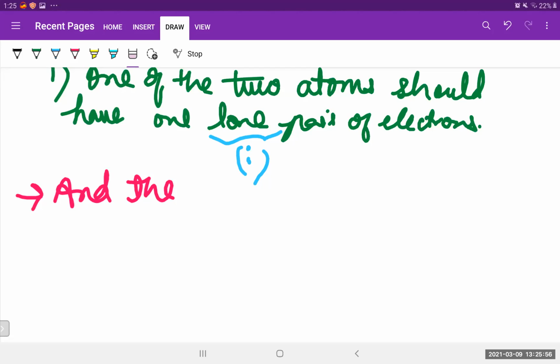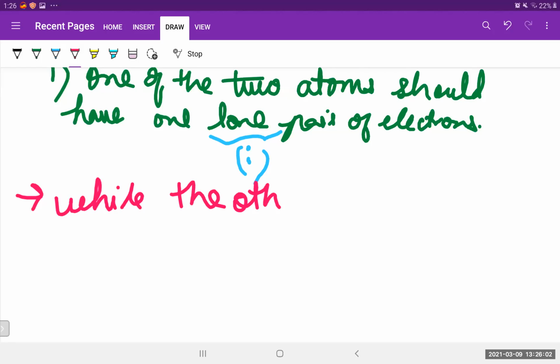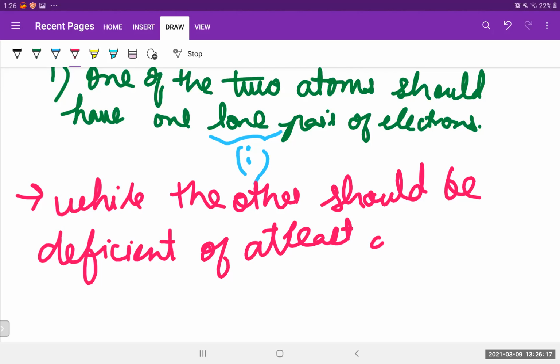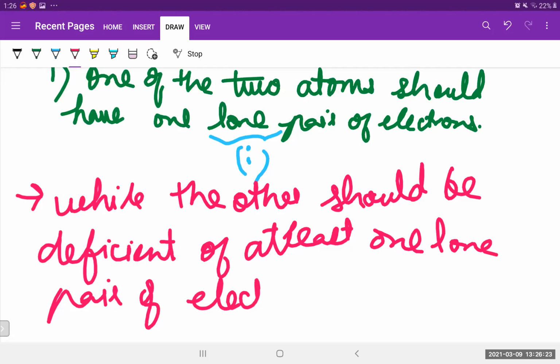While the other should be deficient of at least one lone pair of electrons. I'll tell you some examples and you'll understand by that.